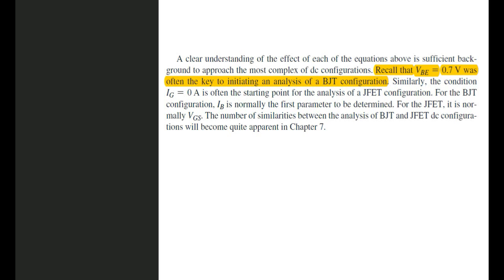Similarly, in JFETs, we normally determine VGS as our first parameter. So these are some summary points about our whole discussion here, and I hope you will understand all these conditions, the equations, the terms, and the specification sheets which we have discussed in this lecture.